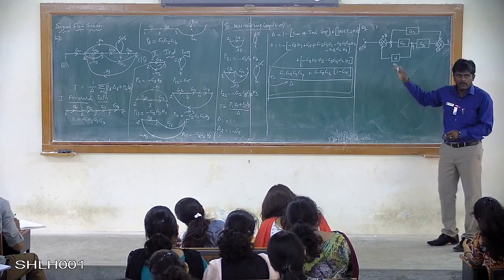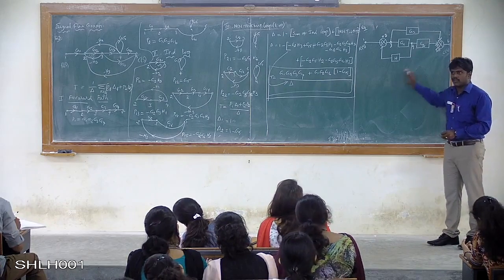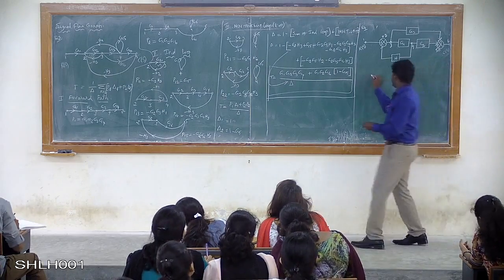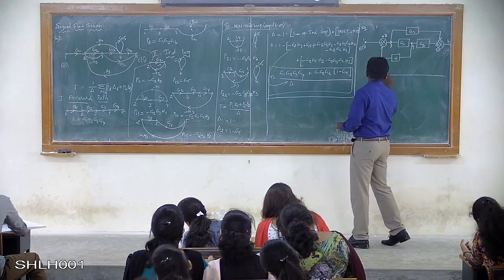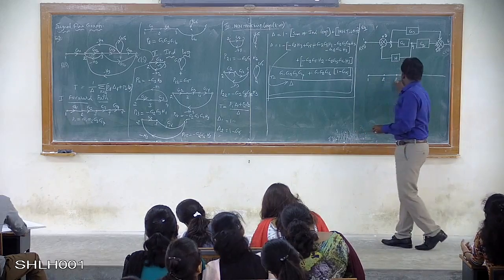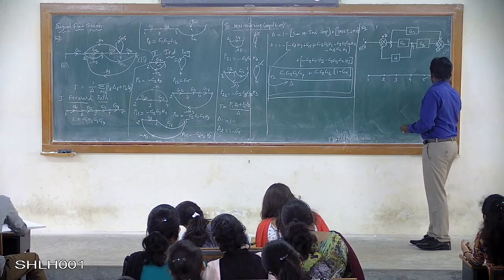So we have identified 6 nodes. If you have identified the 6 nodes, then we will be able to draw the signal flow graph. So first you draw a line where you mark all 6 nodes, 5 and 6 over here.